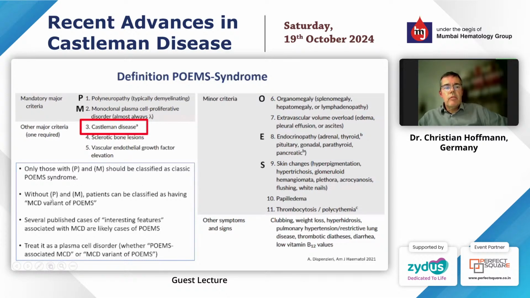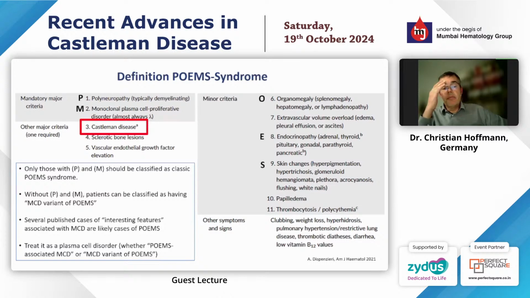And if you don't have the P and if you don't have the M, the patients can be classified as having the MCD variant of POEMS. And she wrote that several published cases of interesting features associated with MCD are likely cases of POEMS, and I think she's really right.